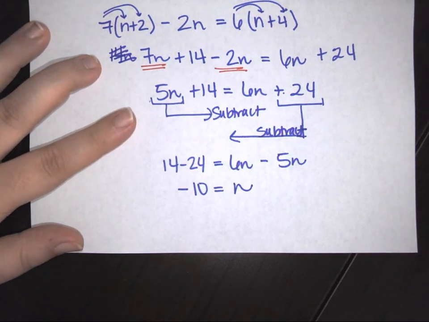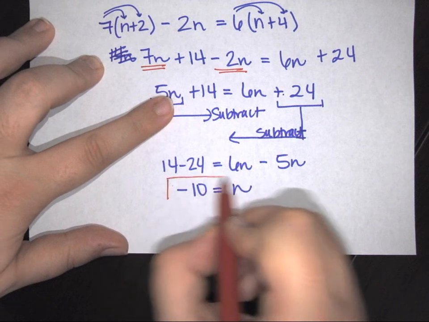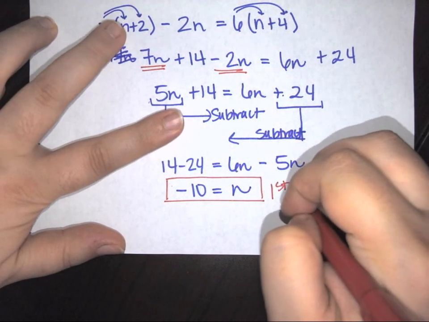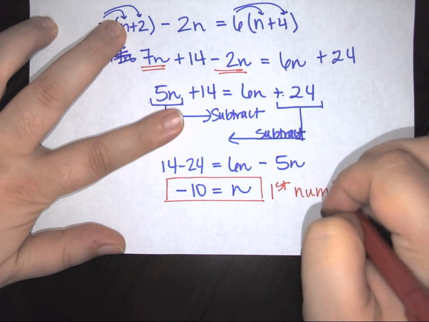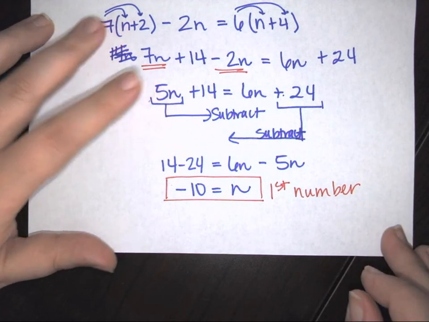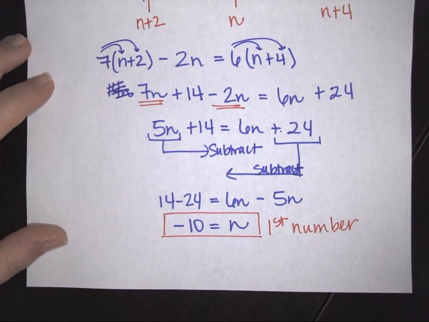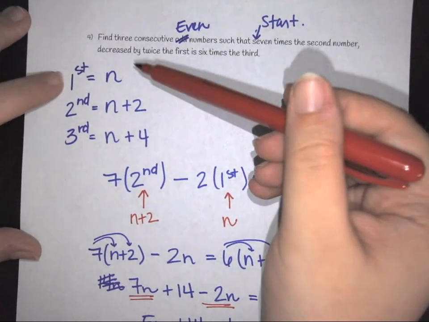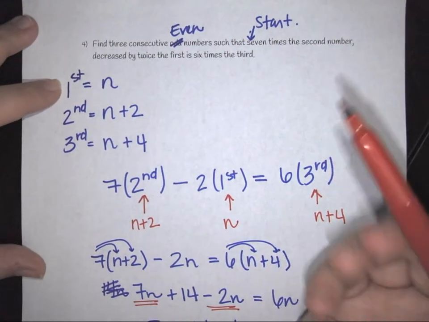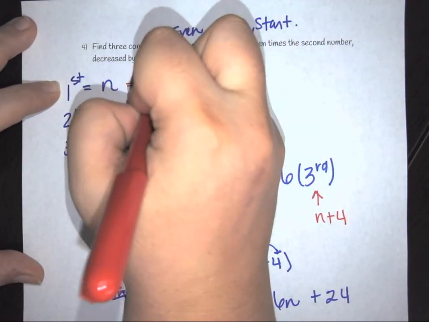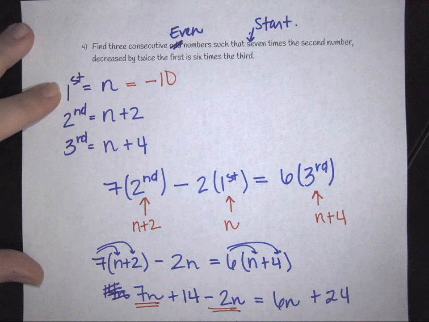So what I just found is that this right here is my first number. Well, I need to find the other 2. You do that very simply by coming back up here to what we know. And we know that my first number is equal to -10. So n is -10.